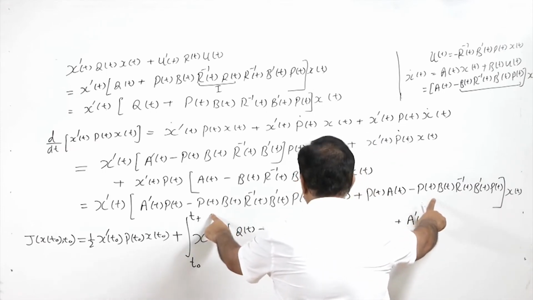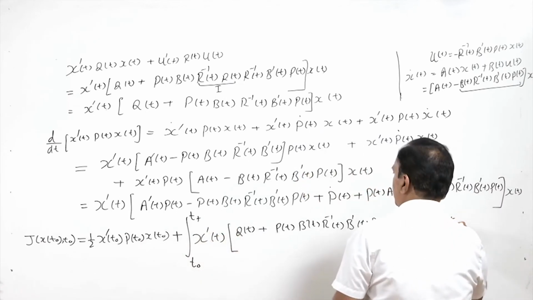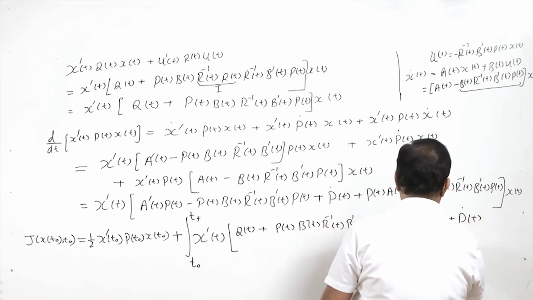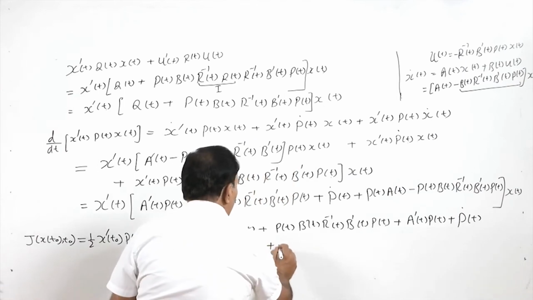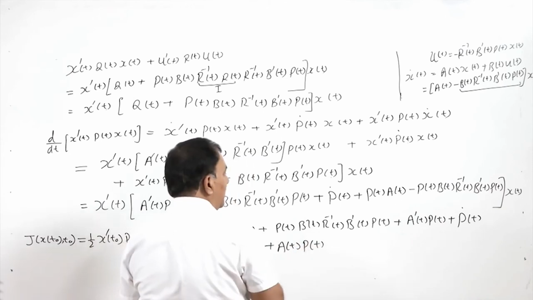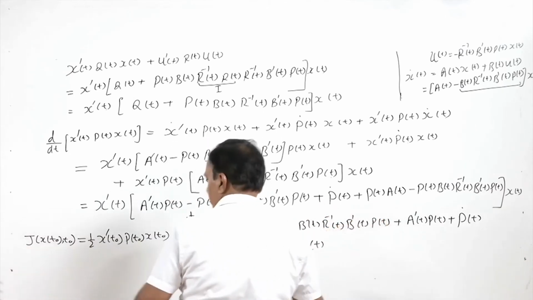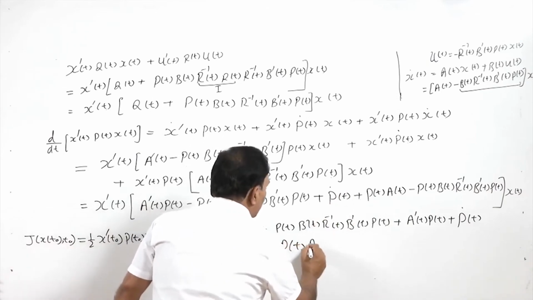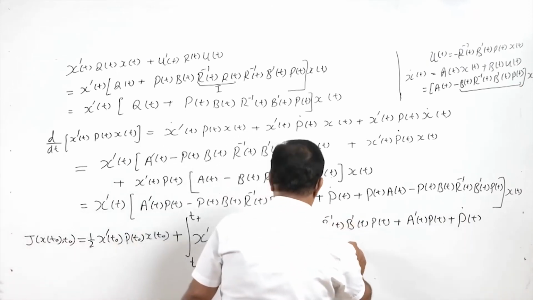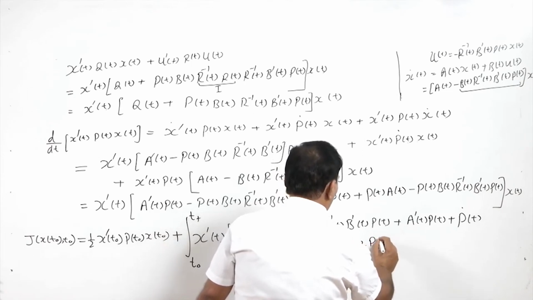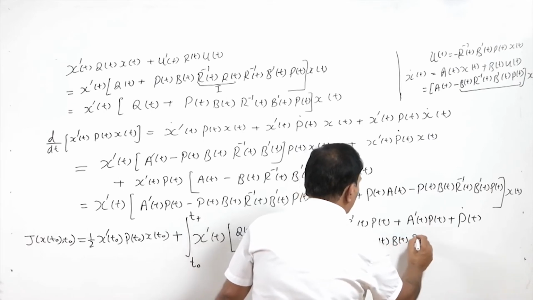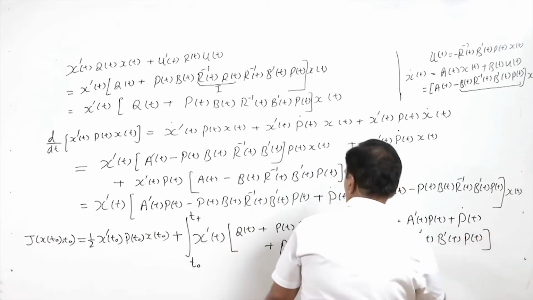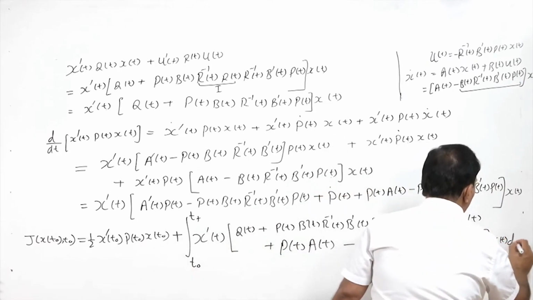once I add, so this will be twice of P, plus I will write first this as the P dot, next term will be A P, which I am getting from this, this will be P transpose A, P A, and minus 2 P B R inverse B transpose P, x of t dt.